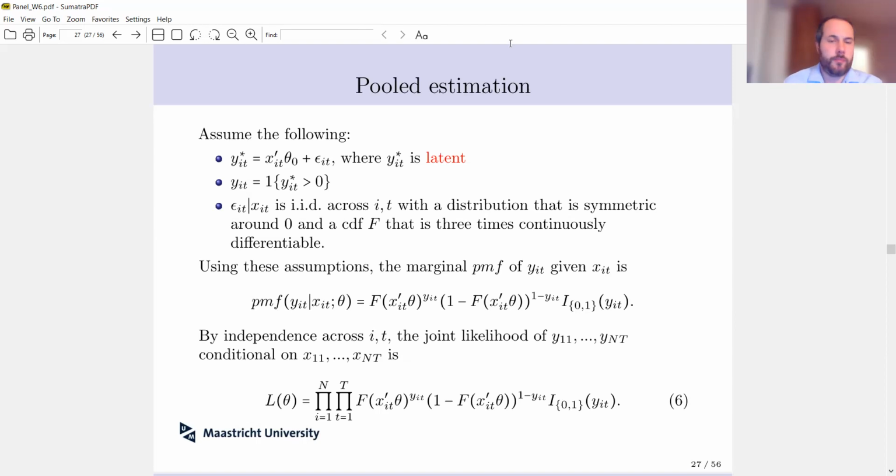Now, how would we estimate this? Here is again the model. We have a latent variable. We observe only whether this latent variable is bigger than 0 or not. And we make some distributional assumption on the model error. We say it's IID, and we have a distribution that is symmetric and with a nice CDF.